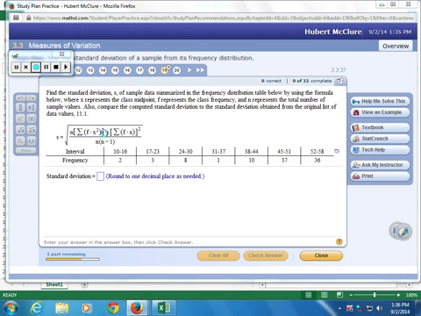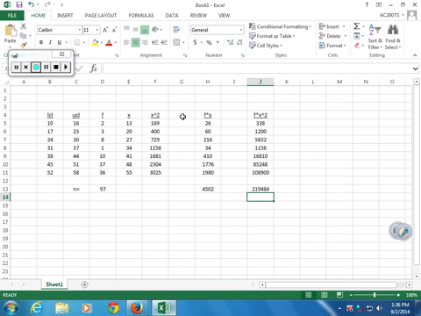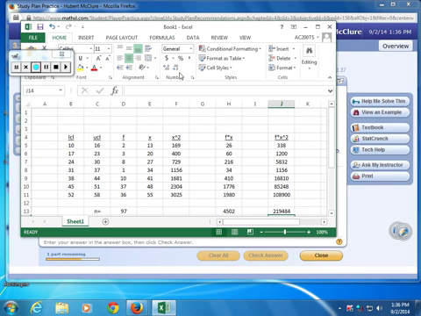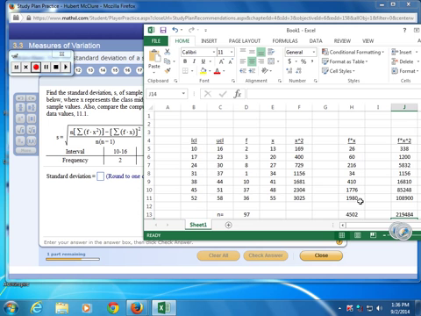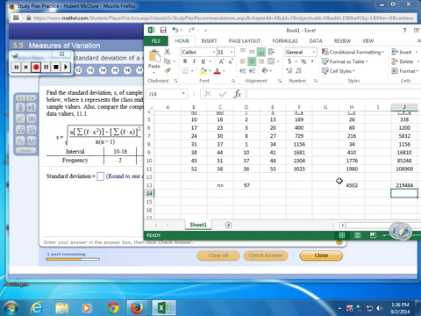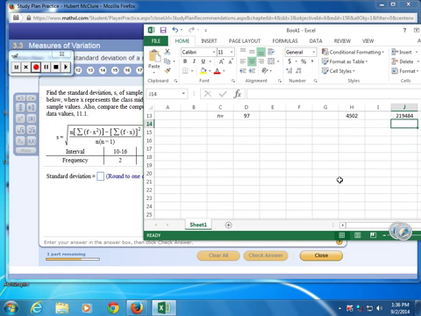There's the formula. I'm going to pull this up, and I'm going to make it smaller, and I'm going to pull it over a little bit right there, and try to do some plugging and chugging right here.